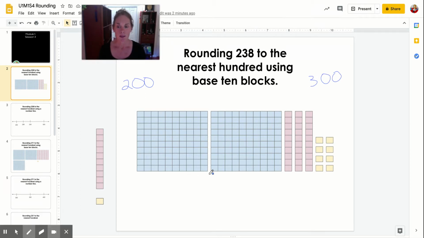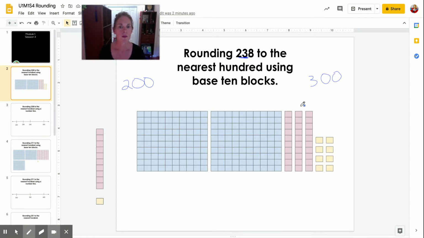When you're rounding to the closest 100 or 10 or whatever it is, in this case, we're rounding to the nearest 100. And so you're looking at the tens place here. There are 1, 2, 3 tens, so this is 3 groups of 10.